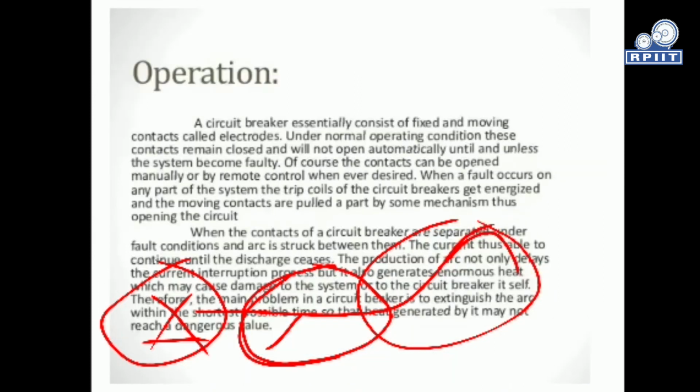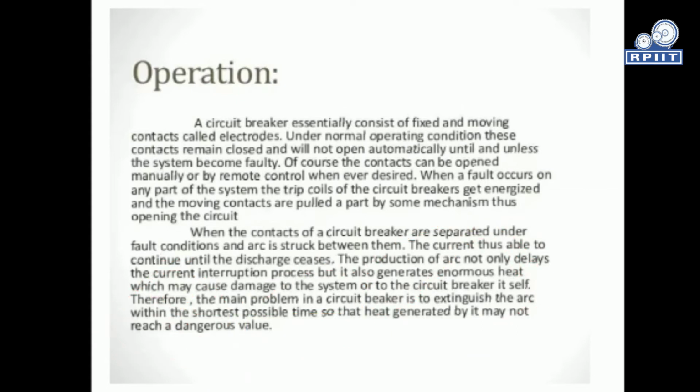The basic operation of a circuit breaker consists of two contacts. One is a fixed contact and another is a moving contact. These are also known as contact electrodes. Under normal condition, these contacts will be closed and will not automatically open until the system becomes faulty.